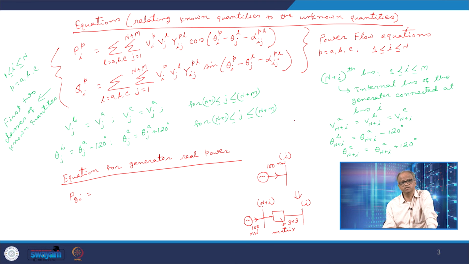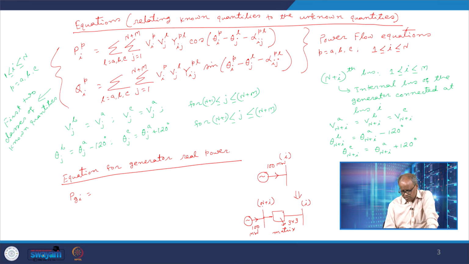But our original specification was that this 100 megawatt is actually going to bus I. But this doesn't pose any problem, because this 3 cross 3 impedance matrix is essentially a 3 cross 3 reactance matrix, as we have considered the generator resistance to be negligible.